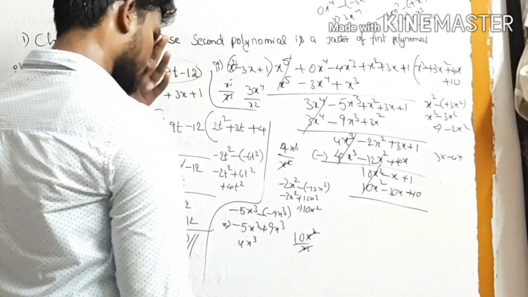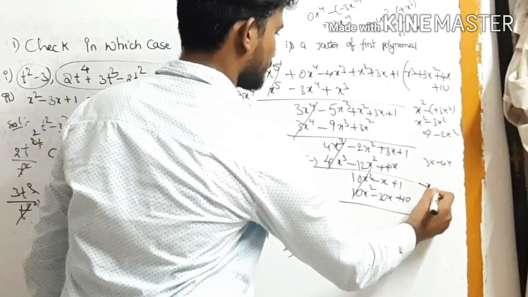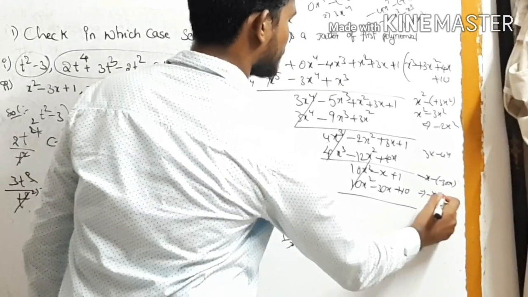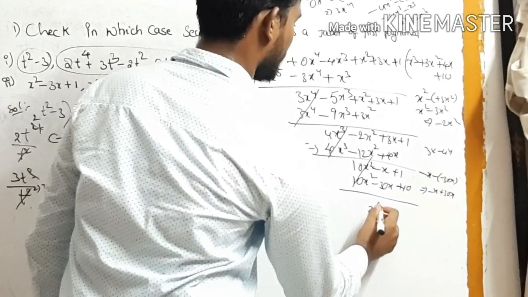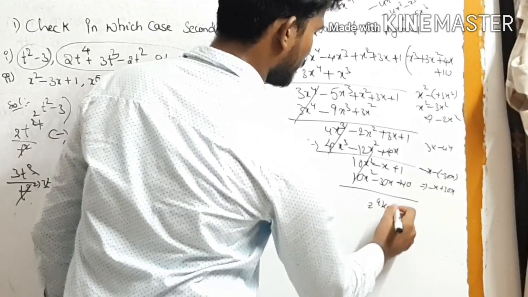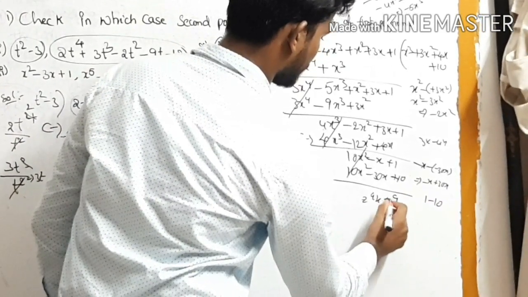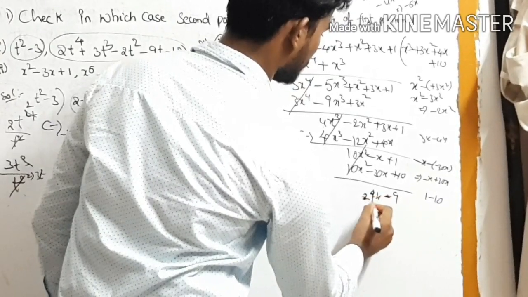So that cancels. Minus x minus of minus 30x, that is minus x plus 30x, 29x. Plus 1 minus 10, that is minus 9. So 29x minus 9.